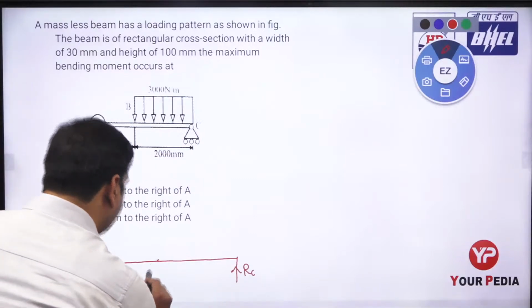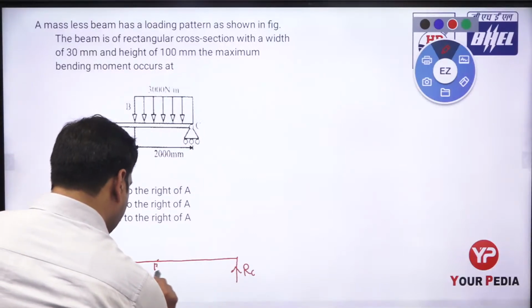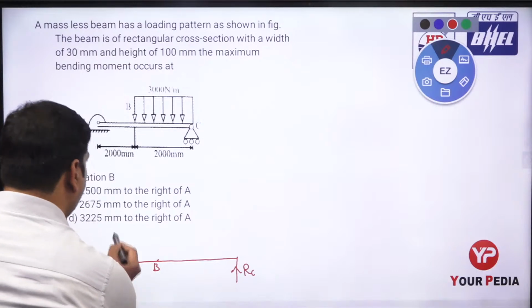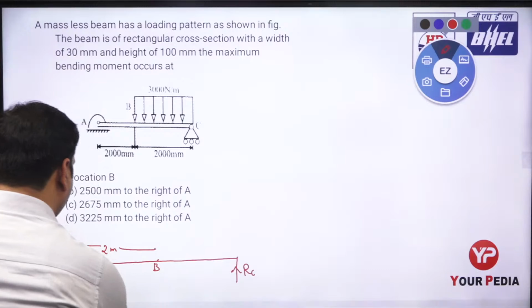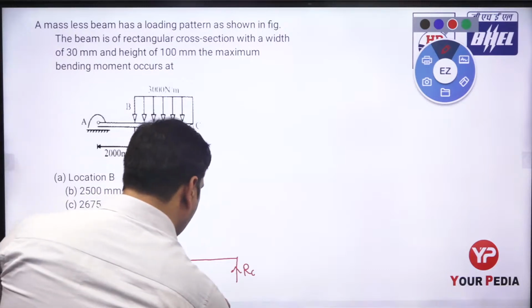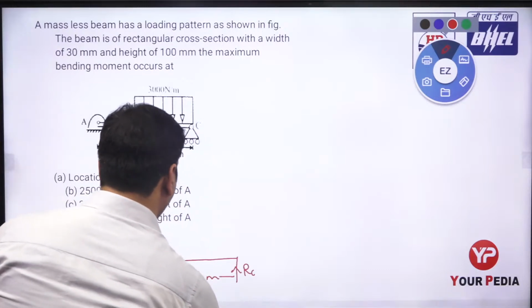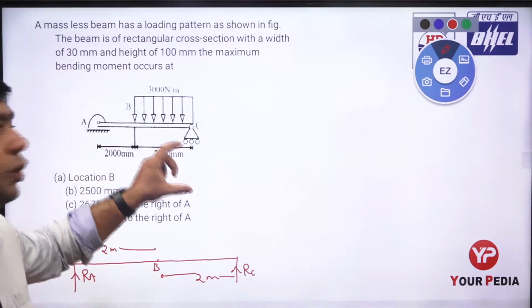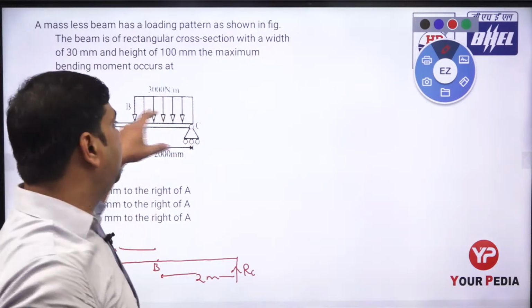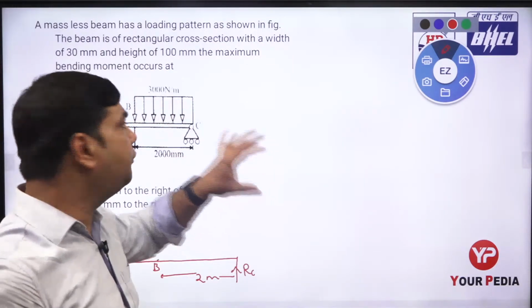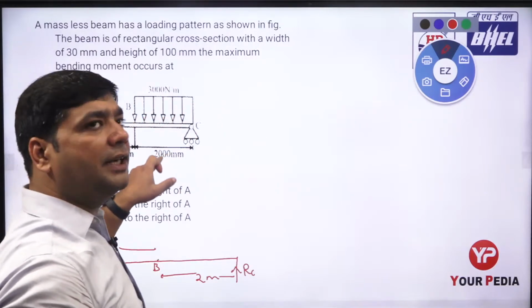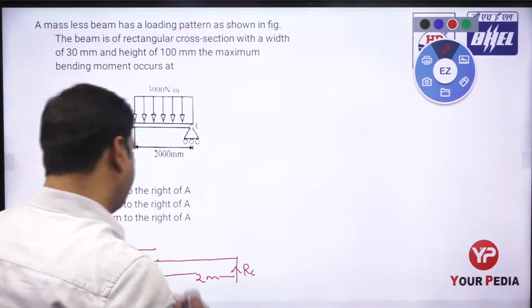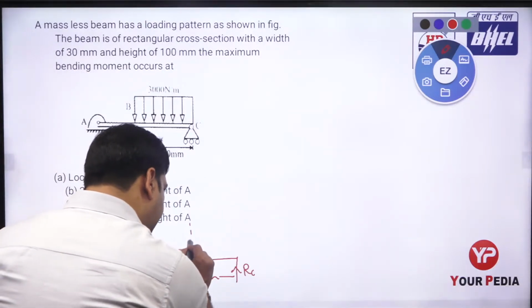This is a point B, which is 2 meters, 2000 mm, from this end, and this is also 2 meters. If this is a UDL, then UDL equals force into distance. We are taking the area of that, which is 3000 Newton per meter, multiplied by 2 meters.